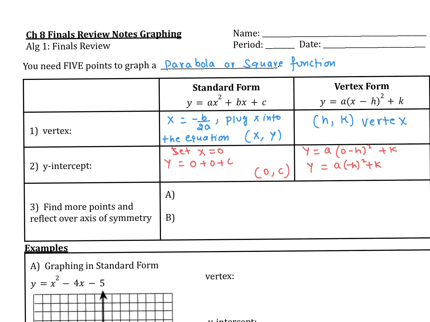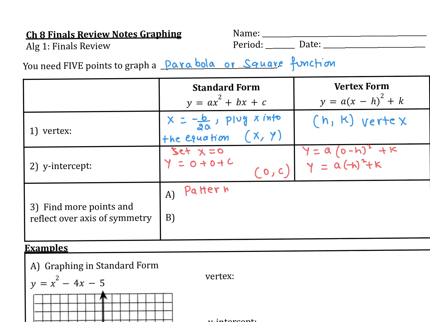Number 3 is to find more points. Once you find the vertex either from this form or from this form, you can follow the pattern to find other points.